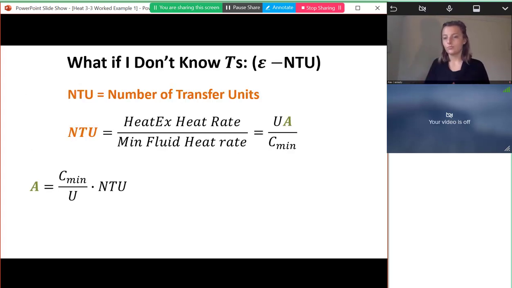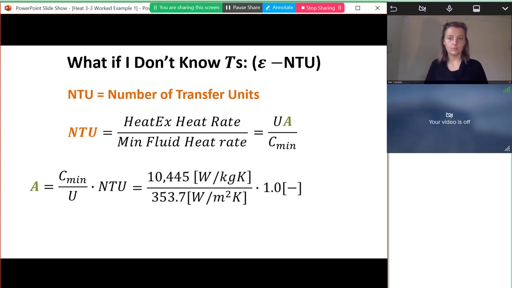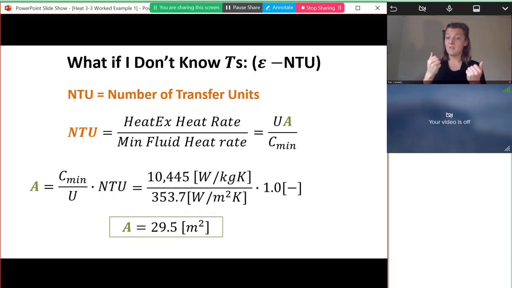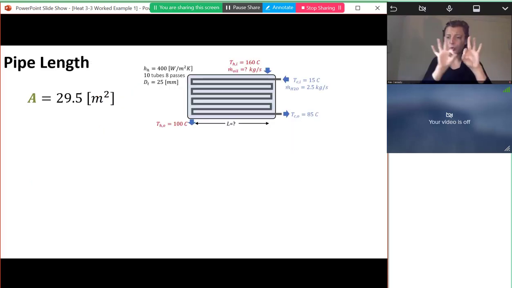Now I have the information that I need to calculate the area of my tubes. I can put this in, check through our units, and we find that we need almost 30 square meters of tubes. I think there are 10 of these tubes, a bundle of tubes, and each one snakes through 8 times.